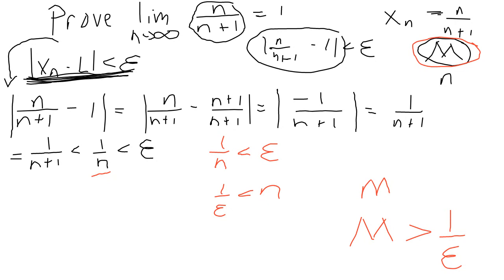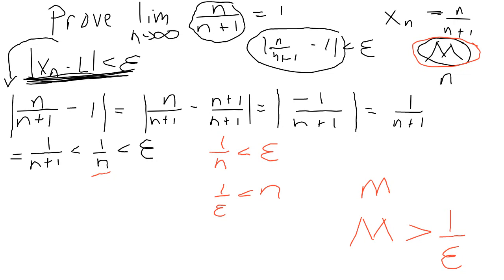Yes, Anthony. At what point did we discover that 1 over n will be less than epsilon? From the beginning. Maybe it's because I didn't write it, maybe it's the way I wrote it.